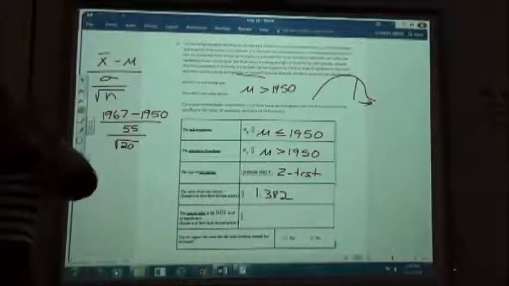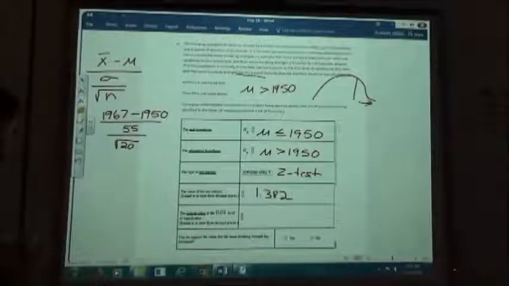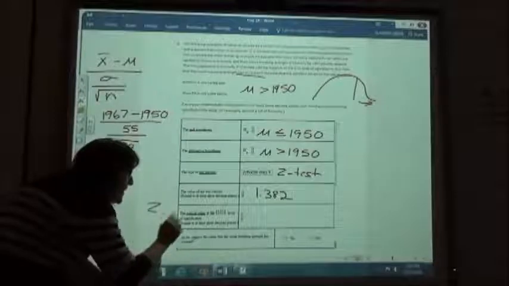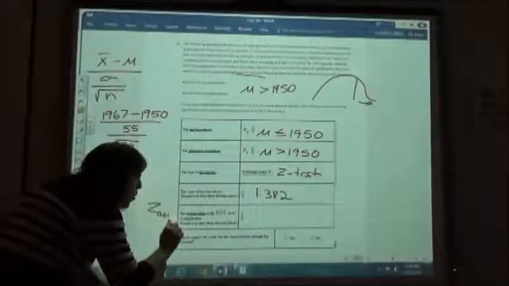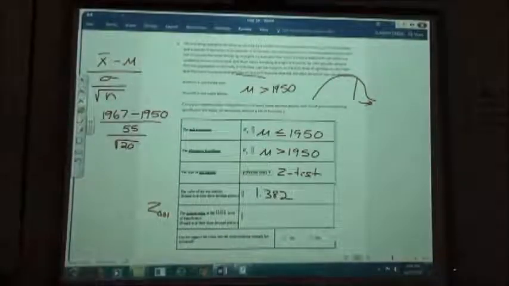So this is when you did the z sub on your calculator. We're going to do z sub 0.01 to find where that critical value is. So on the Aleks Calculator, if you do z of 0.01, what do you come up with?